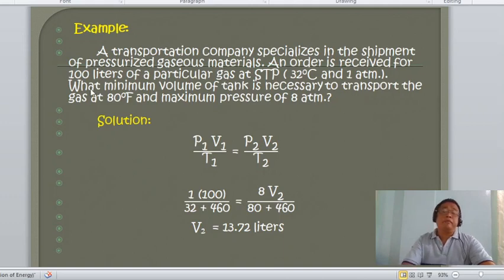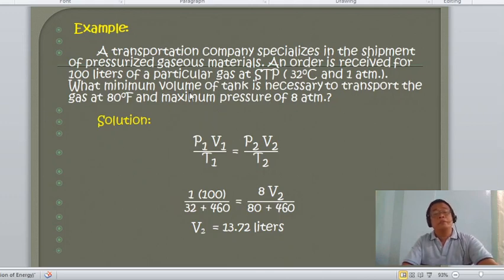So, this is the problem in designing the tank or the pressure vessel that will carry the gaseous materials. Okay? So, take note, this is the safest volume required. Solution. From the combined ideal gas equation, that is P1V1 over T1 equals P2V2 over T sub 2.